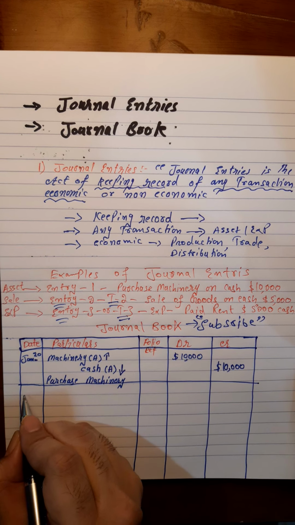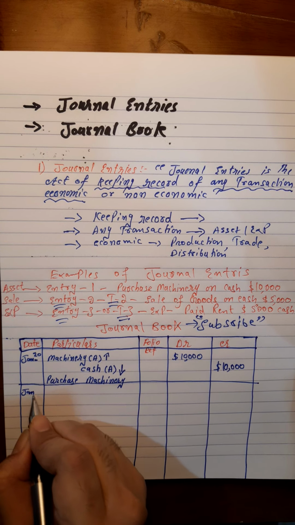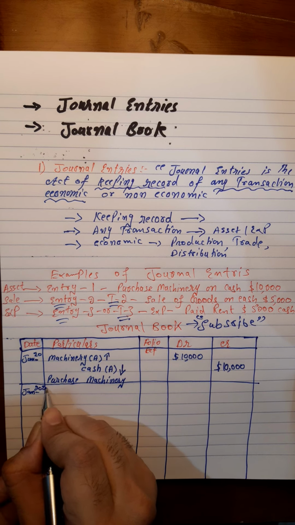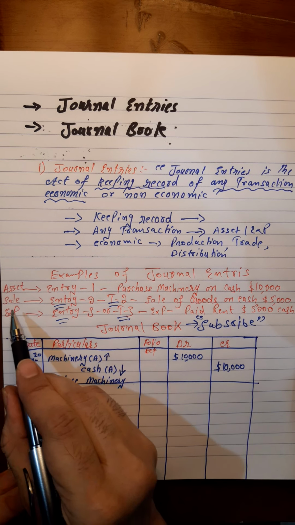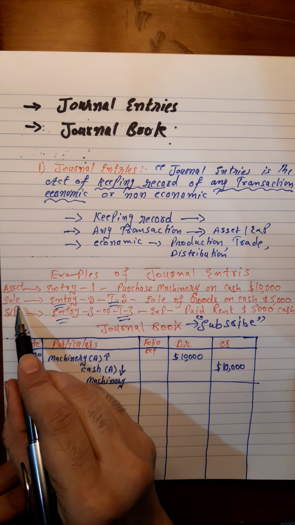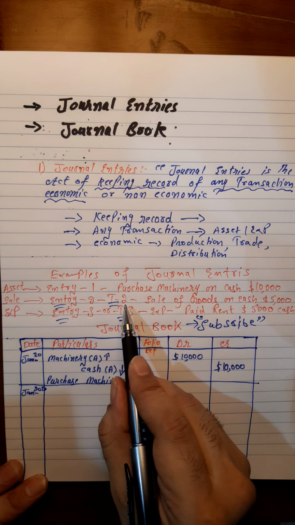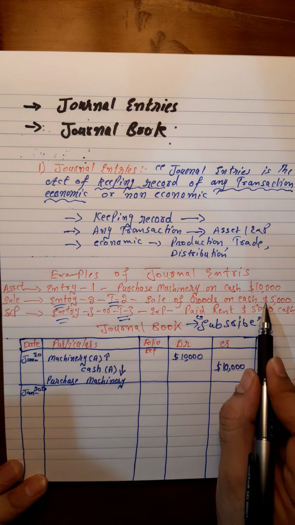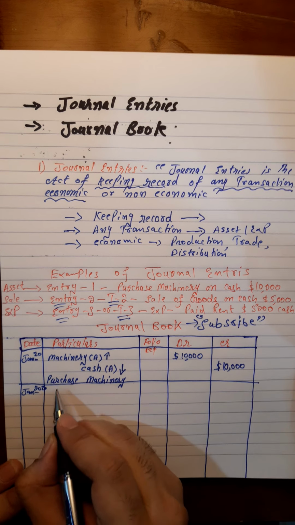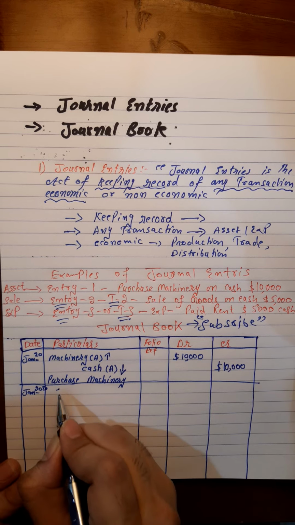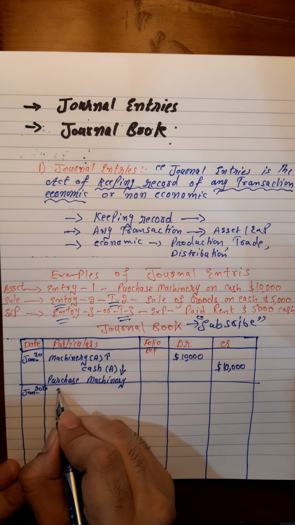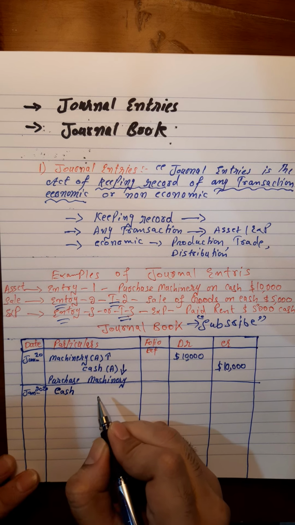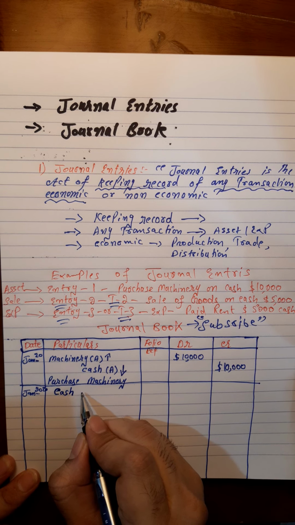Okay, on January 2020 we did a sale. This is a sale entry. Entry number 2, transaction number 2, sale. Sale of goods on cash, 5,000. When we do a sale, cash is coming to our business.